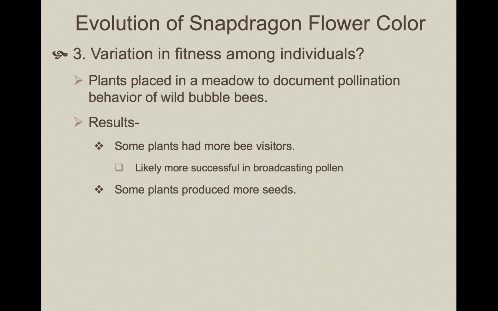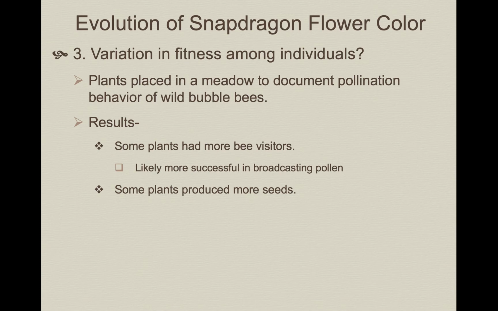So now we have to ask, is there a filter that could give you different fitness levels among individuals depending on their flower color? In this experimental study, they put potted plants into a meadow to document the pattern of pollination by wild bumblebees. And sure enough, the results showed that some plants did have more bee visitors than others.